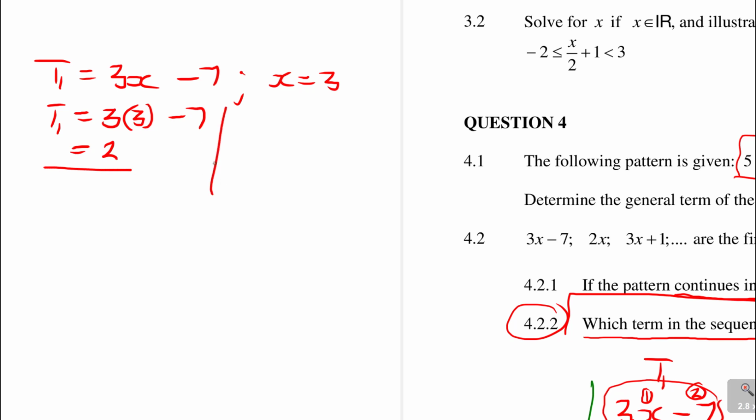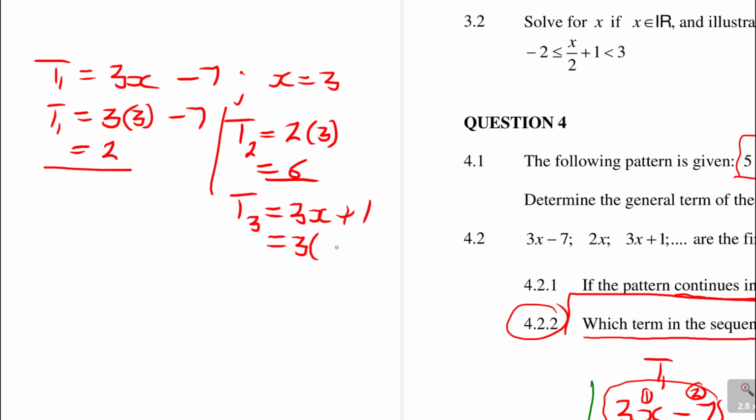You can find the second one, t2. Now what will be t2 is equal to 2, x is 3. Now 2 times 3 is 6. And then t3 will be equal to 3x plus 1. Remember, x is 3, which is 3 bracket my x is 3 plus 1, and it's 3 times 3, 9 plus 1, it's 10.